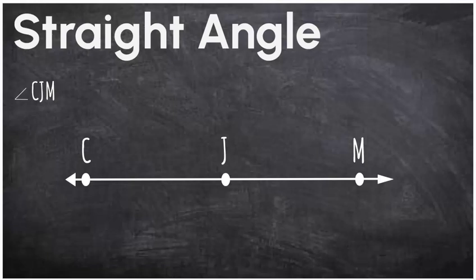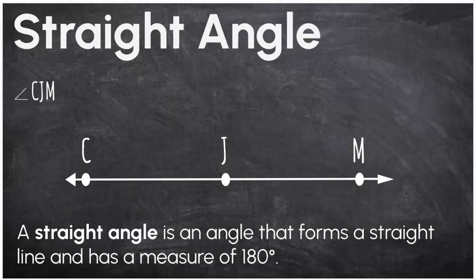Straight angle. What properties does a straight angle have? A straight angle is an angle that forms a straight line. It has a measure of 180 degrees.